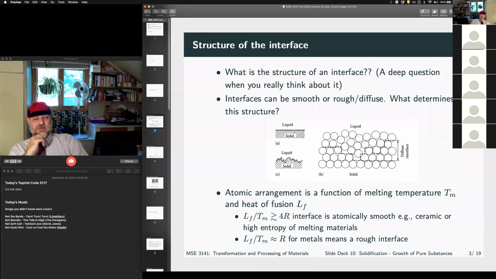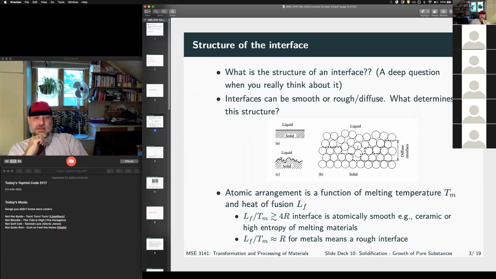So that means adding to this and making it grow can really alter the system. So I can expect potentially that the growth rates of flat interfaces versus diffuse interfaces are going to be quite different.